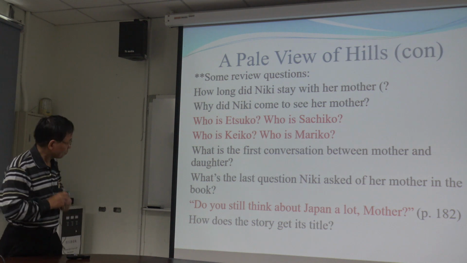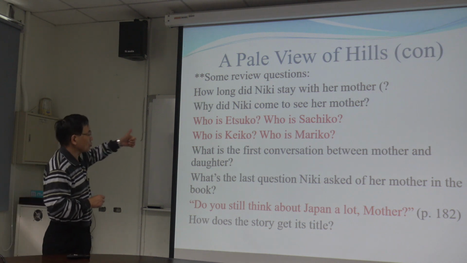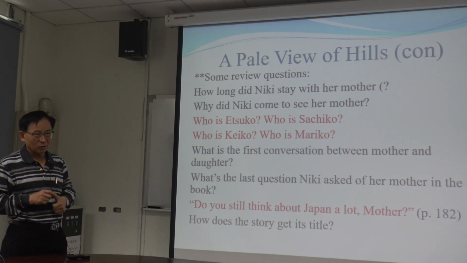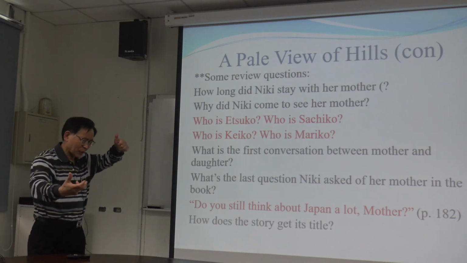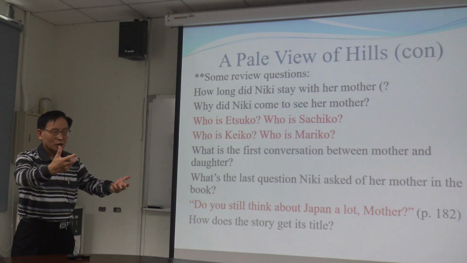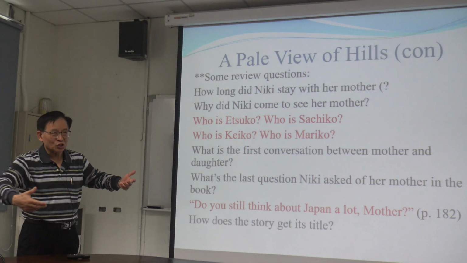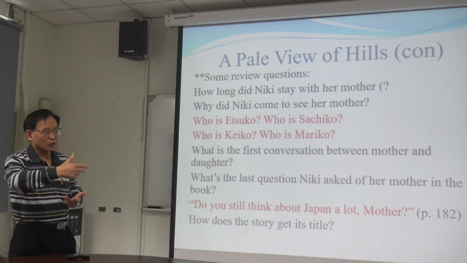Of course, there are some other characters, like Etsuko's husband, Jiro. Jiro is an important character. Like Jiro's father, Etsuko's father-in-law, Otaka-san. Because Jiro and Otaka-san represent 2 different generations. So in the novel, we see a society that is undergoing some big change.